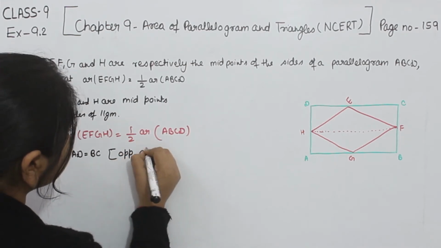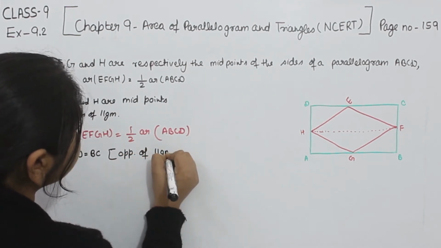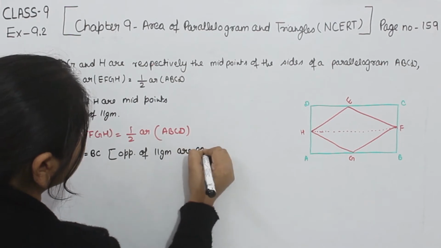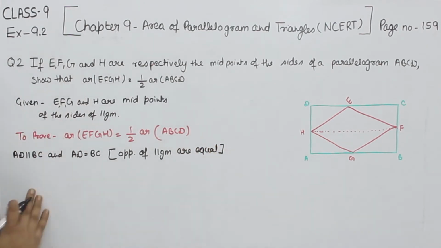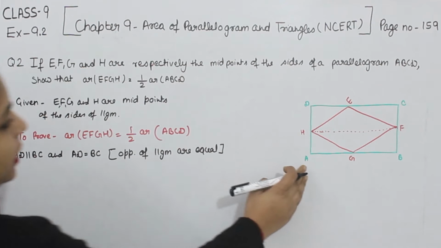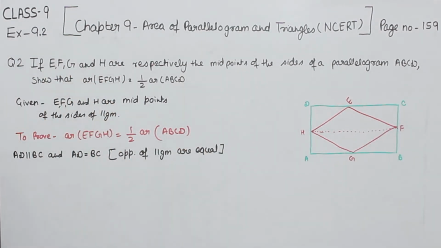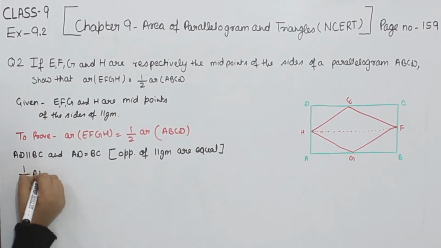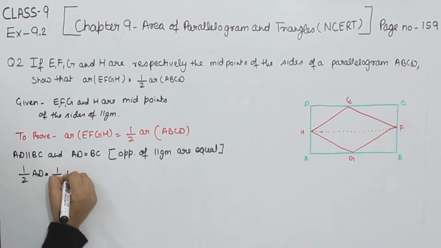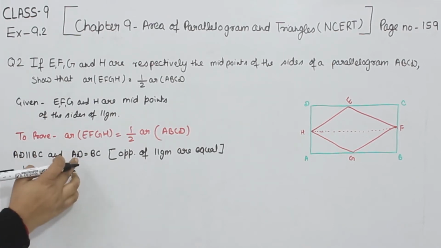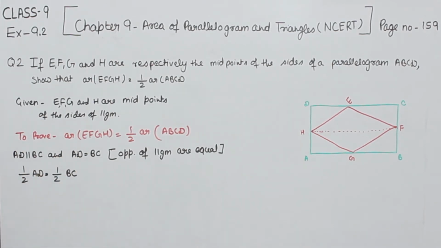So AD is equal to BC. Now half of AD is equal to half of BC. If whole line segments are equal, then the halves will also be equal.